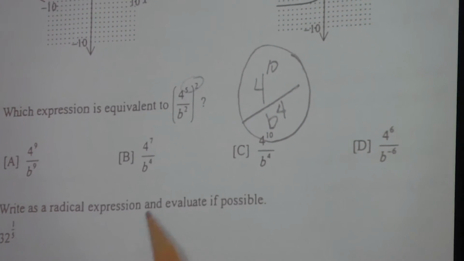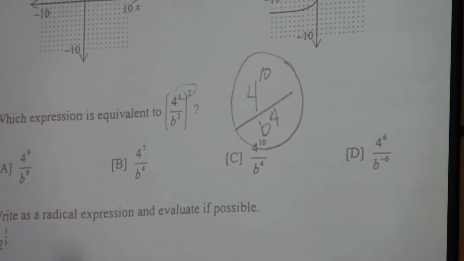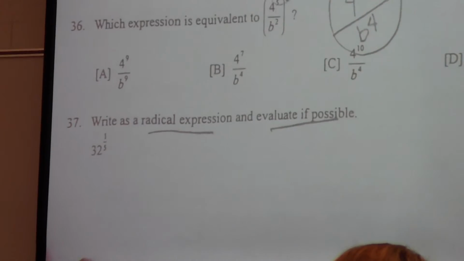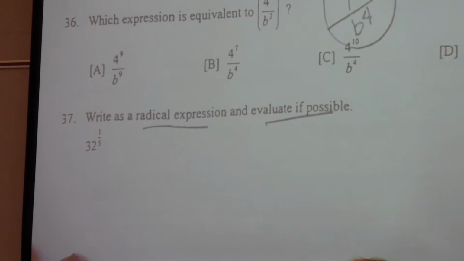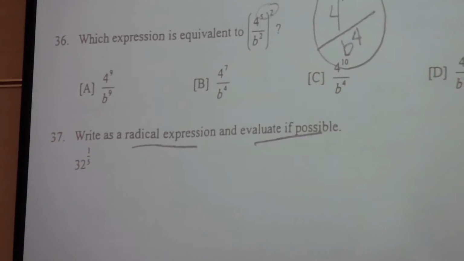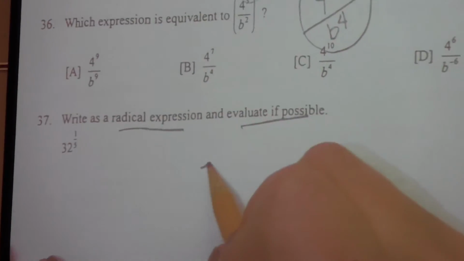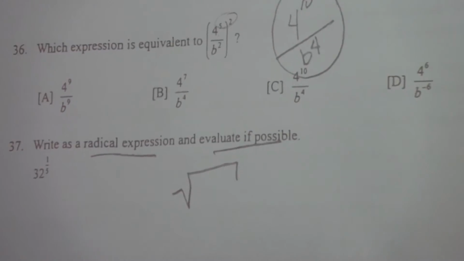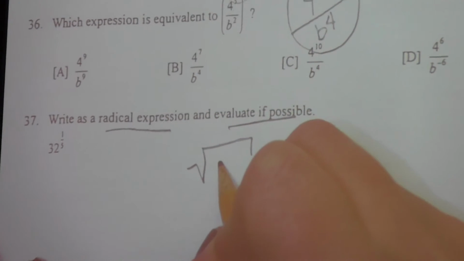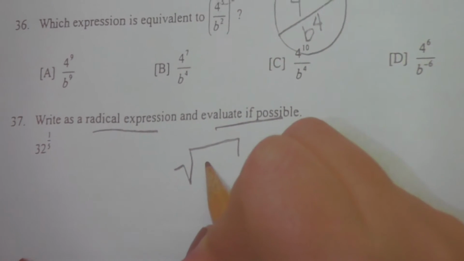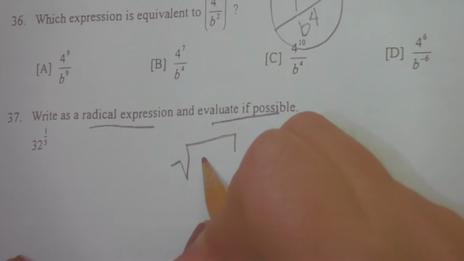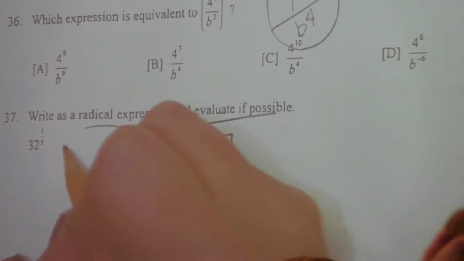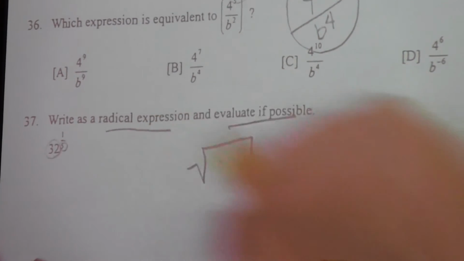How about write as a radical expression? Notice this has two parts, because sometimes people miss both parts. Rewriting it as a radical expression. Well, I have to remember radical looks like that. What part goes on the bottom here? What am I putting there, Dustin? You only have two choices. This or this.